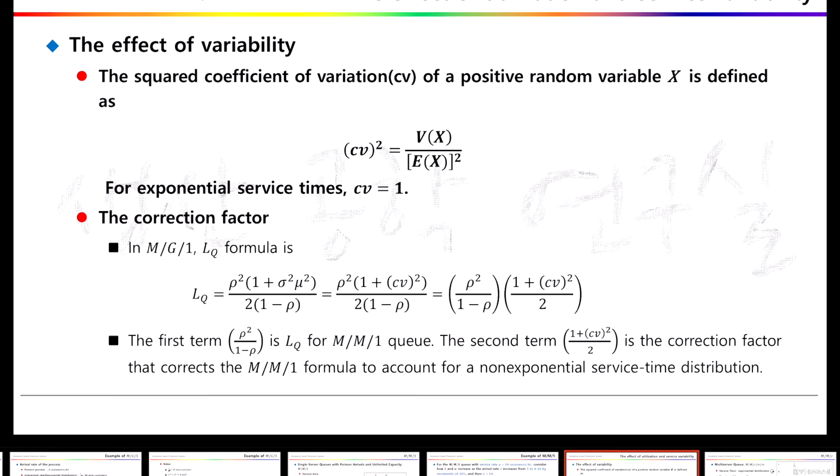Now let's see the effect of utilization and service variability. This formula is the definition of variability. Actually, CV means the coefficient of variation, and CV is defined as the service time standard deviation over the mean.